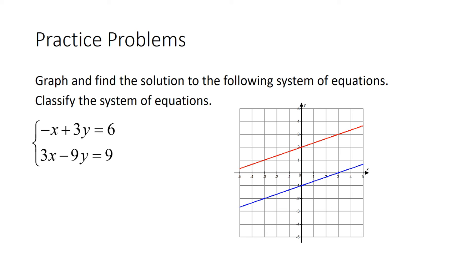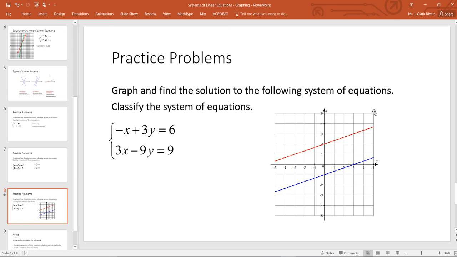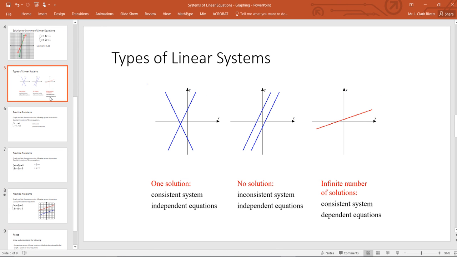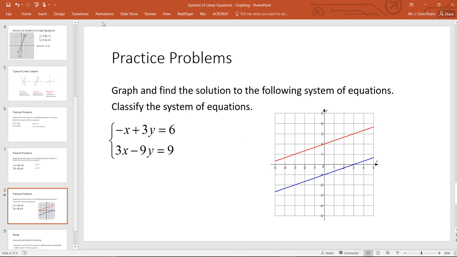So as we go to classify these, remember these are the different classifications. The situation where they are parallel to one another, these are inconsistent because there is no solution. They are inconsistent, and they are independent equations because they differ from one another. So inconsistent and independent is what you should have said here.